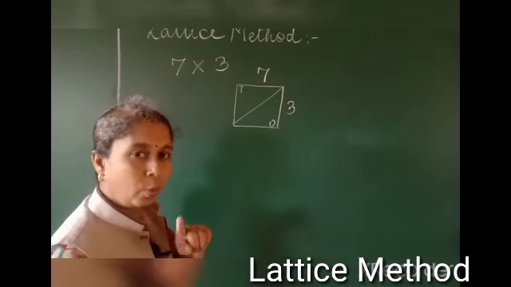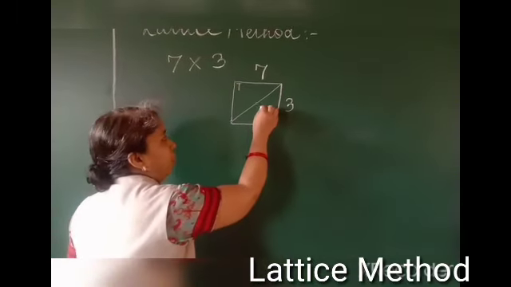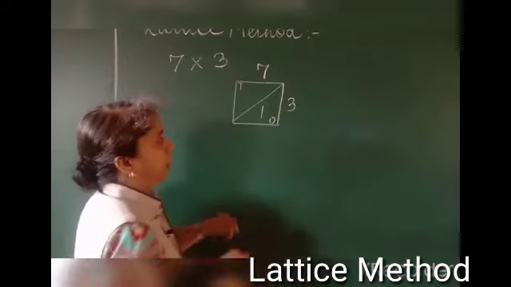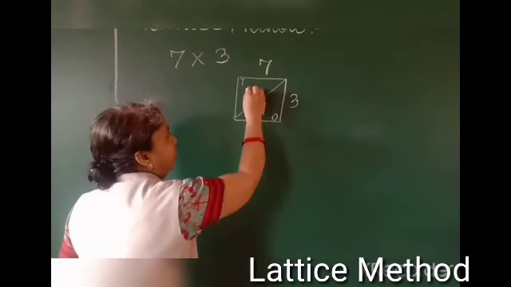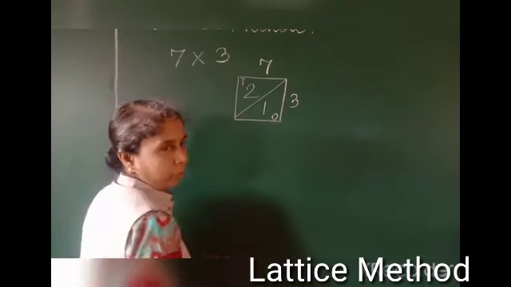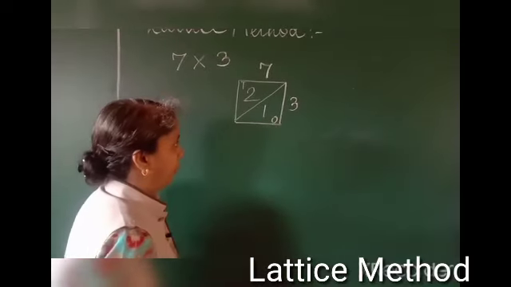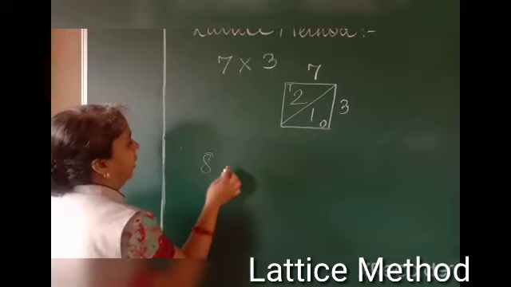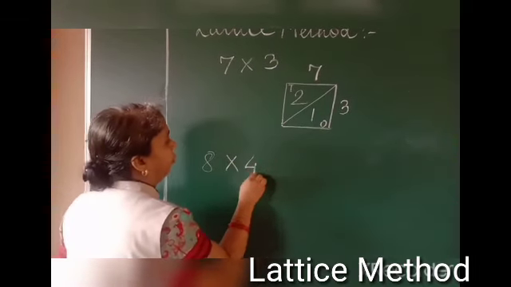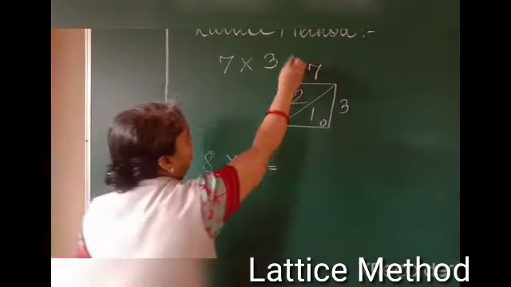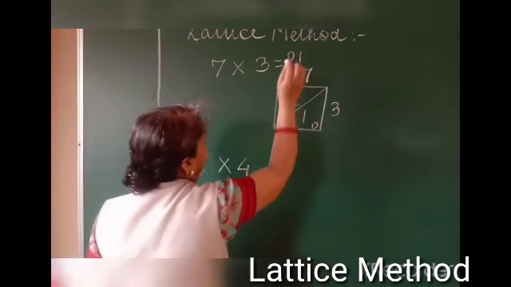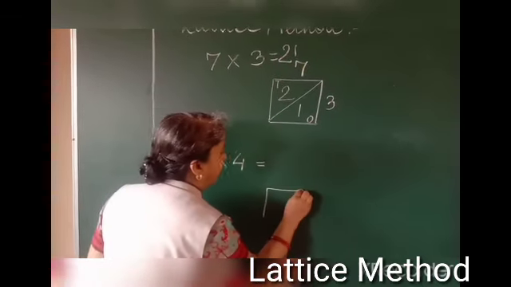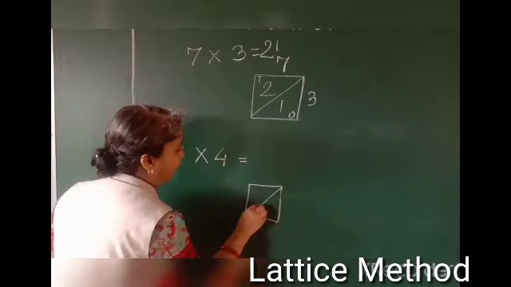In 21, 1 is at ones place, so this 1 will be written here, and 2 is at tens place, so this 2 will be written this way. So this is 21. Let me take one more example: 8 multiplied by 4. Again I will make a block and divide it into two parts.